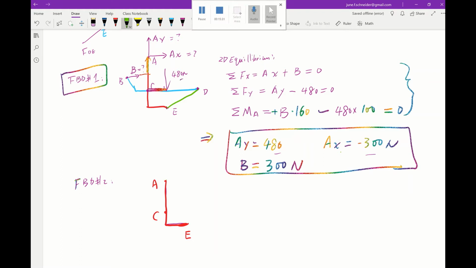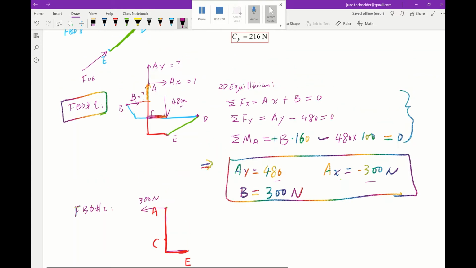Since we know AX is negative 300 and our FBD number 1 is pointing to the left, that really means the true direction is going to be pointing to the left, all right? So make sure it's in the correct direction now, because you actually put the numbers in there.